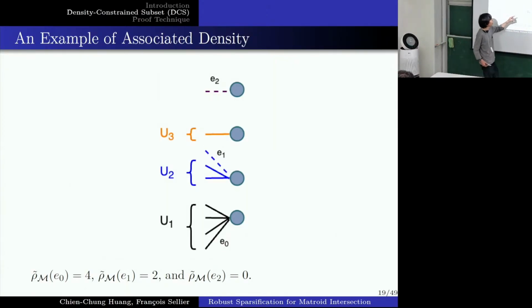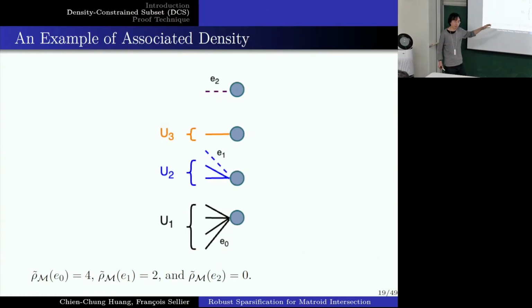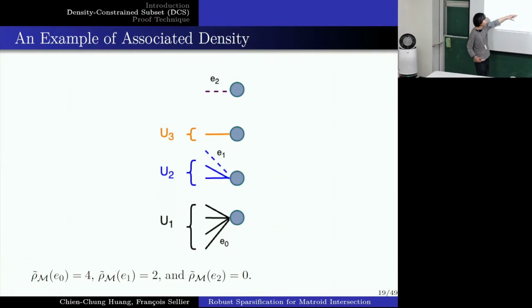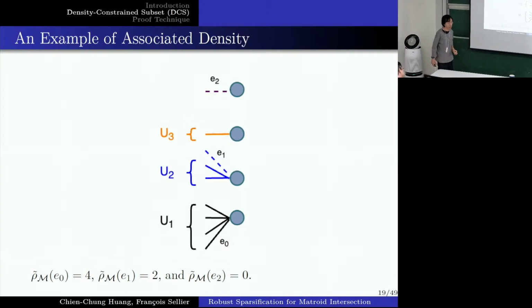How about E1? This guy is not part of the sparsifier V prime. I'm looking for the first time the union of U1, U2 up to UI can span this guy. U1 doesn't span him, but together they will span this guy. So E1 has density 2.